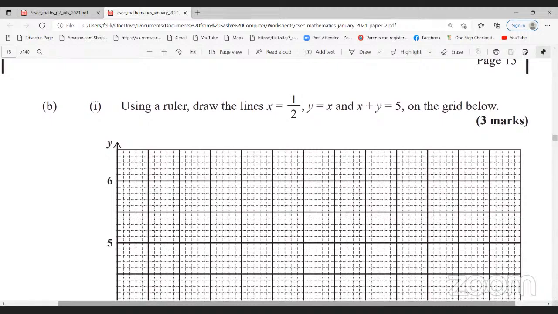Using a ruler, draw the lines x equal a half, y equal x, and x plus y equal 5. And that's 3 marks.